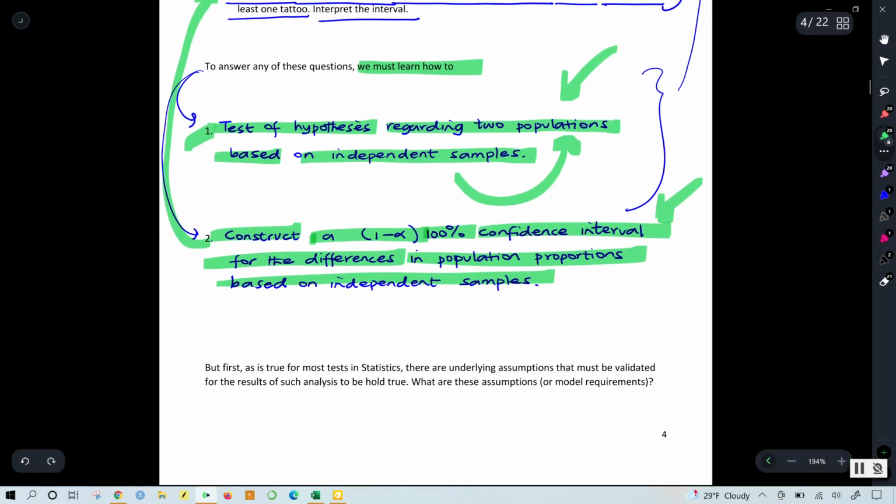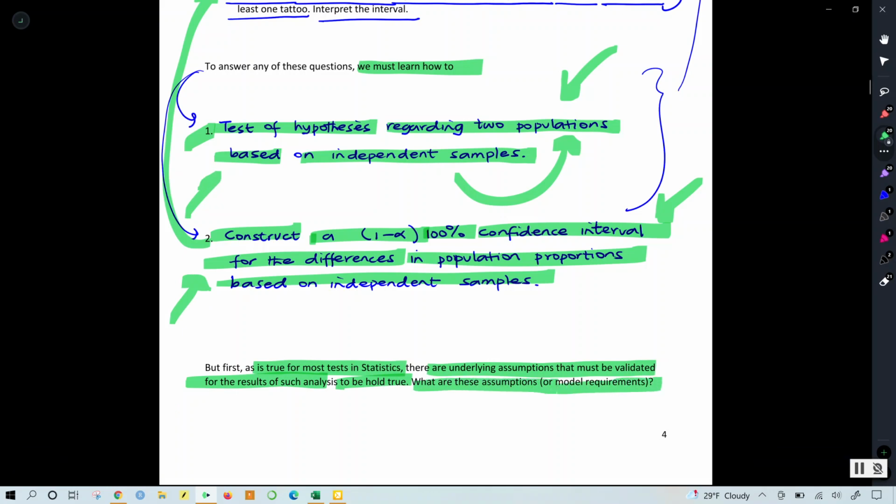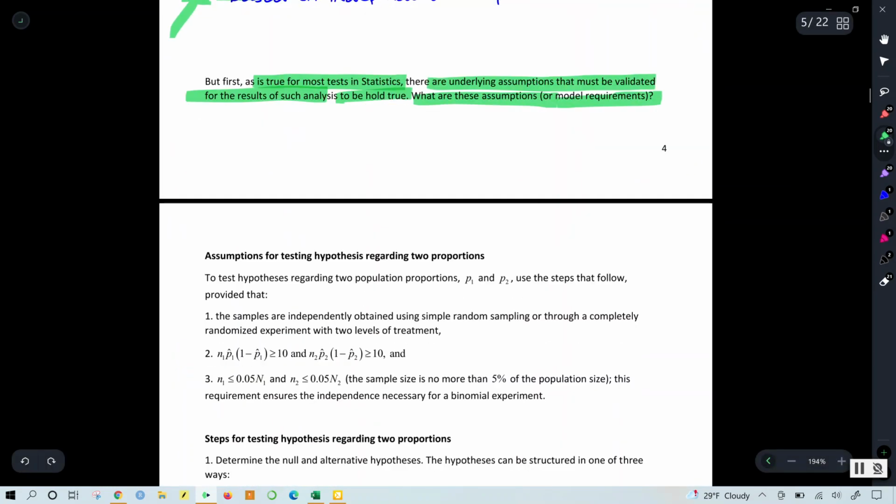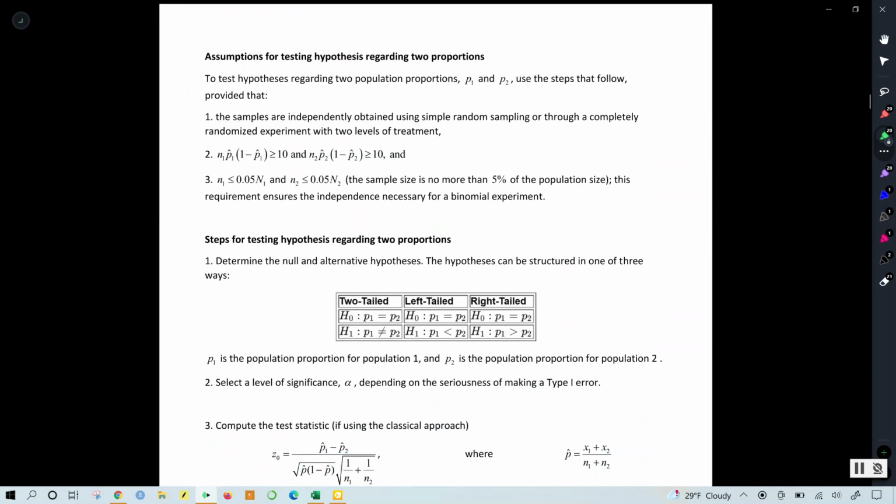But before we go any further, you should note that, as is true for most testing statistics, there are always underlying assumptions that must be validated for the results of any of these two types of analysis to hold true. So we're going to look at the assumptions, or what we otherwise call the model requirements. That has been provided on the next page, which is page 5.